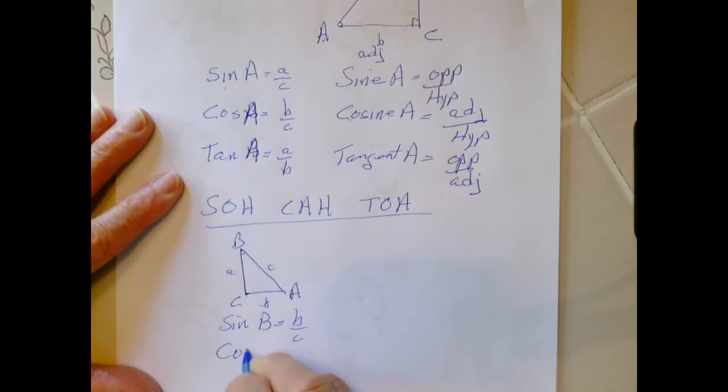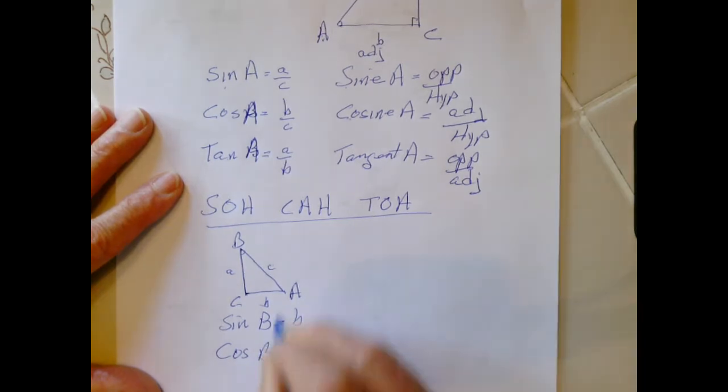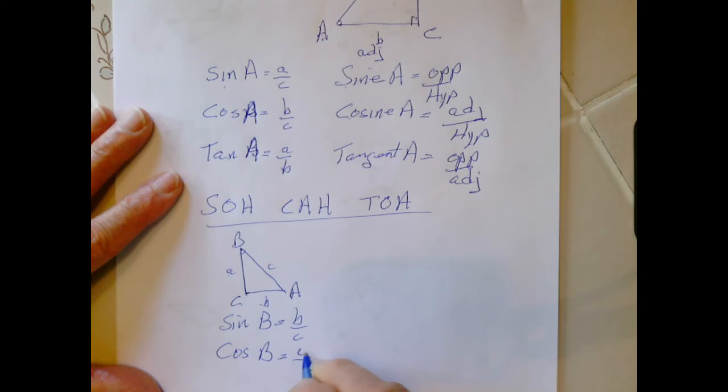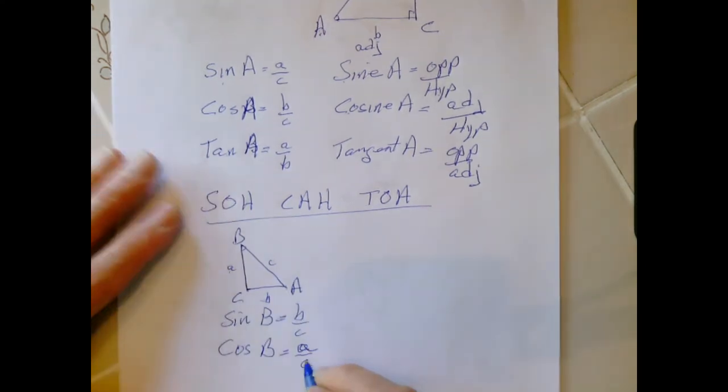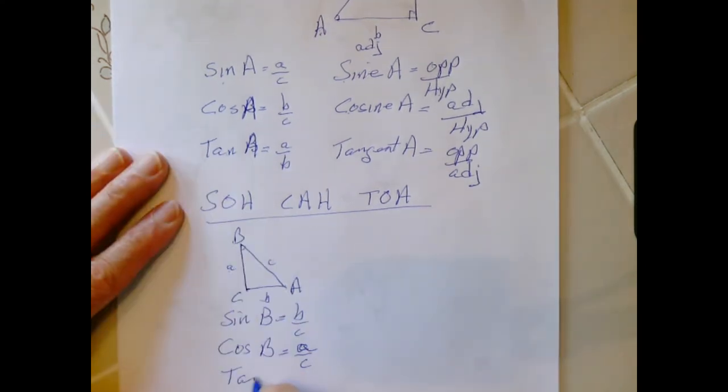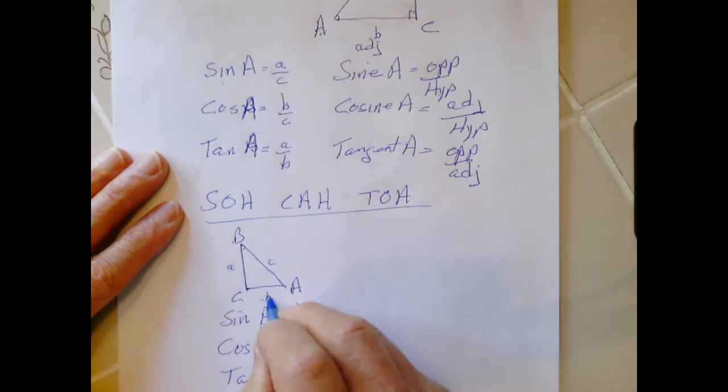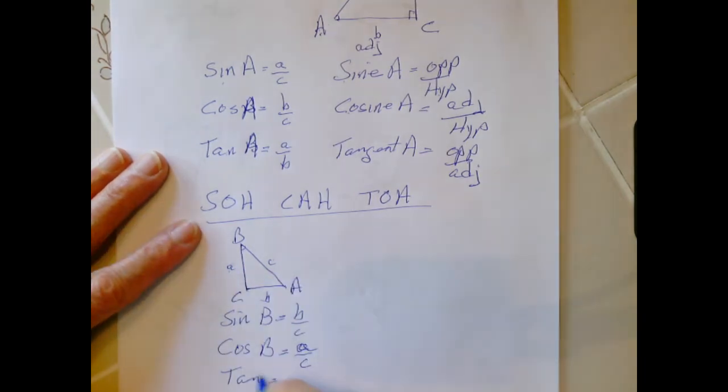The cosine of B is going to equal the adjacent over the hypotenuse, which is c, and then the tangent is going to equal the opposite over the adjacent, which will equal b over a.